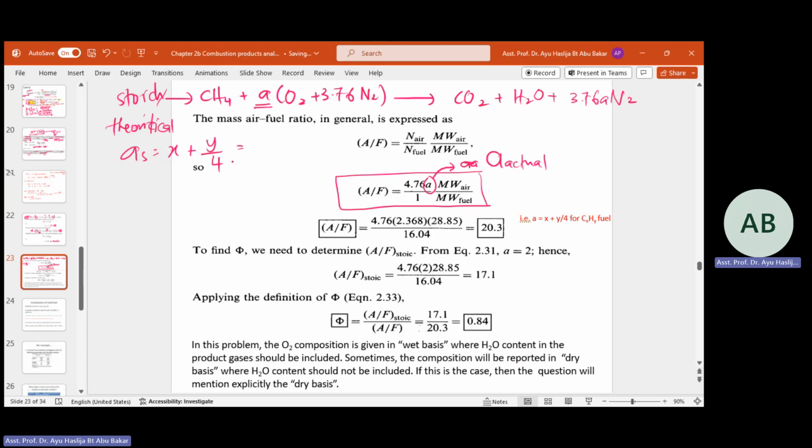So later we will proceed for A stoic. Now for AF actual, use the A actual we got just now, equivalent to 20.3. Actual.